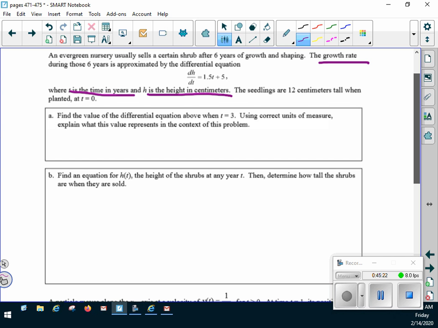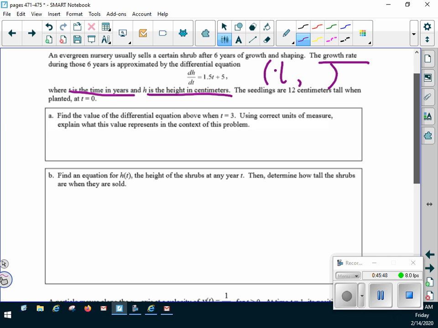Now, the first thing I need you to think about is how are your points set up? Meaning, what are the two amounts, the two quantities that you are dealing with in this problem? Time and height. Which one's x?